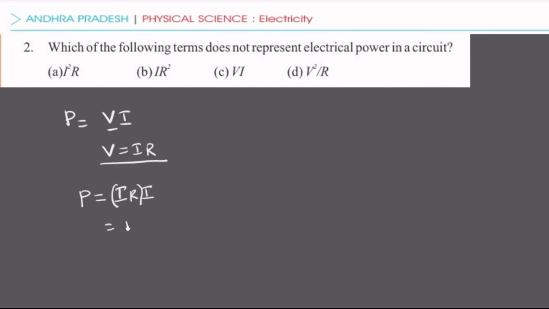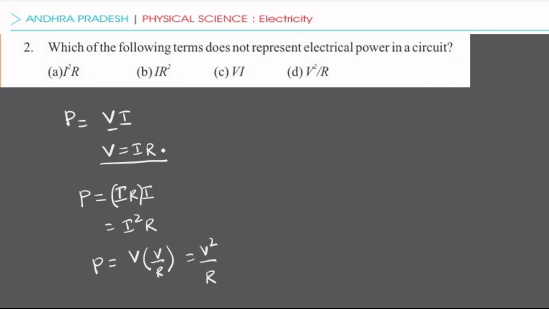So I will get I square R. Another formula, P is equal to V into I, and in place of I if I substitute V by R as per Ohm's law, I get V square by R.